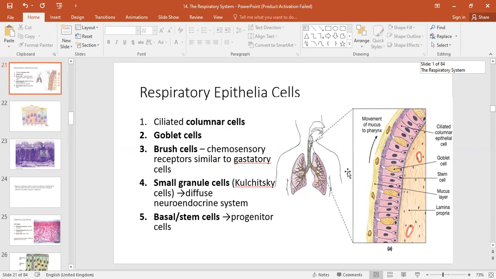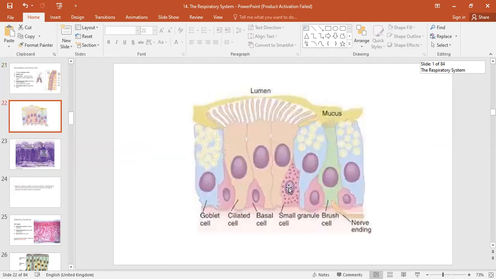Then we have small granular cells, also known as Kulchitsky cells. Then we have basal cells. Basal cells were present in olfactory epithelium as well. So these are small granule cells.